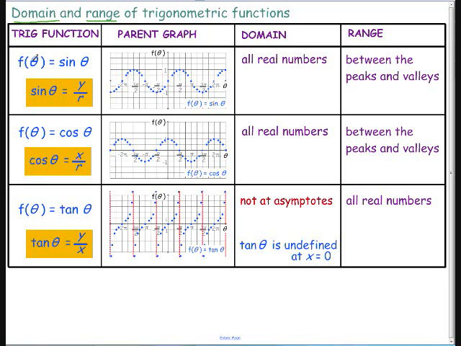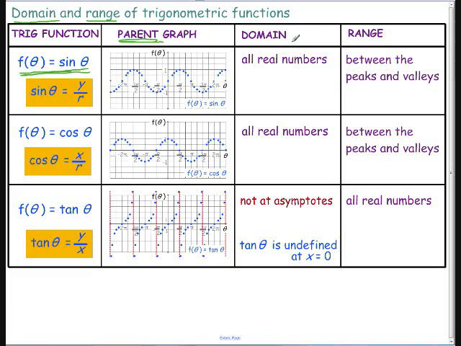The input to it is theta. And this function we're going to talk about is going to be sine theta. Here's what the graph looks like in its very simplest form. The very simplest form of a function is something I call the parent graph. I don't think you're going to see this elsewhere, but this is the way I like to think about it.